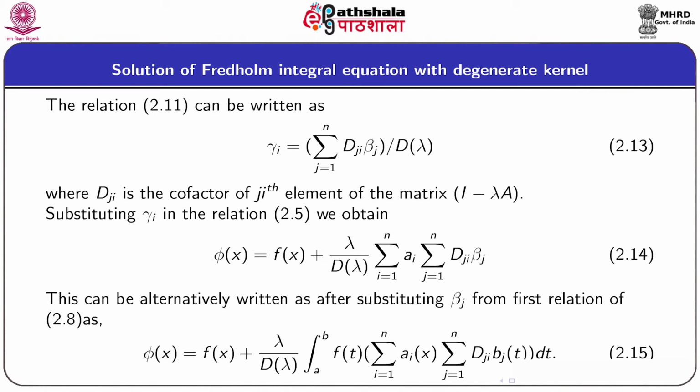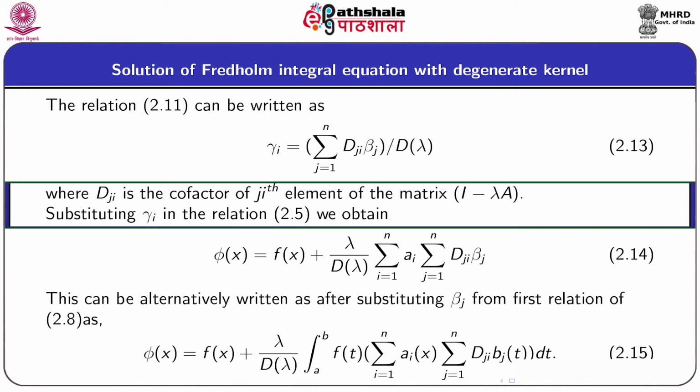So, for those values of lambda for which D(lambda) is not equal to 0, we can use Cramer's rule to find the solution gamma_i as given by equation 2.13. 2.13 is the short form of equation 2.11.